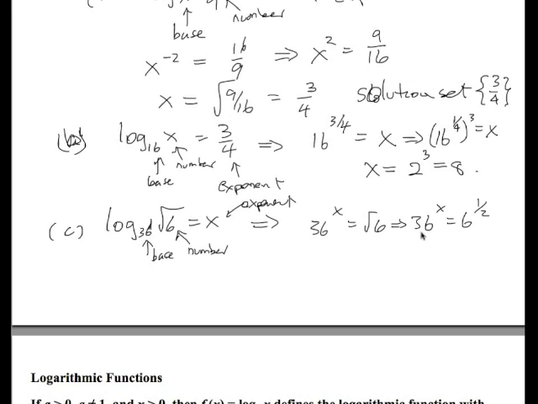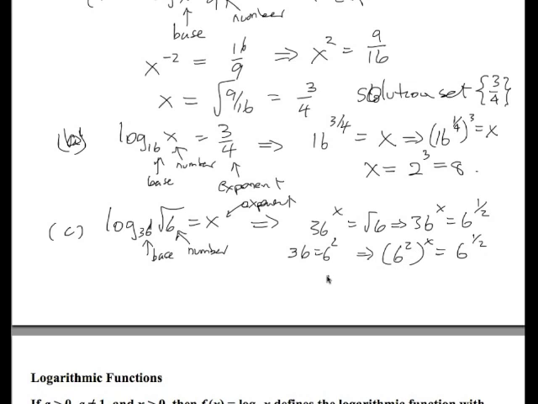All right, so what I can do here, of course, I know that 36 is actually equal to 6 squared, so this implies then that I have 6 squared to the x is equal to 6 to the half. So I'm looking to use rule 2 again.